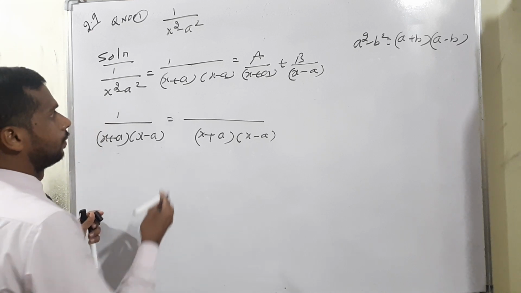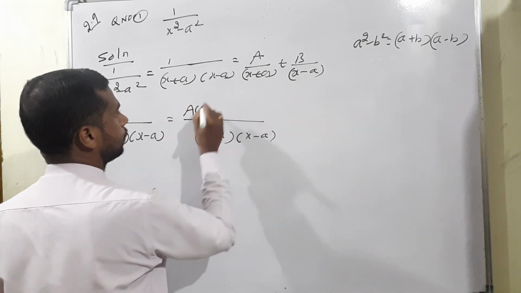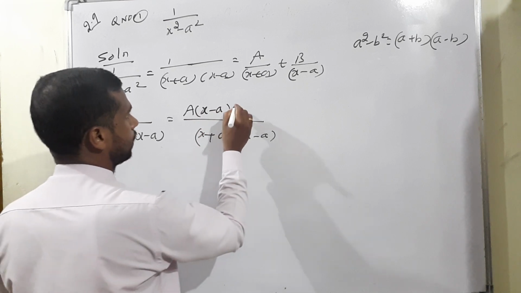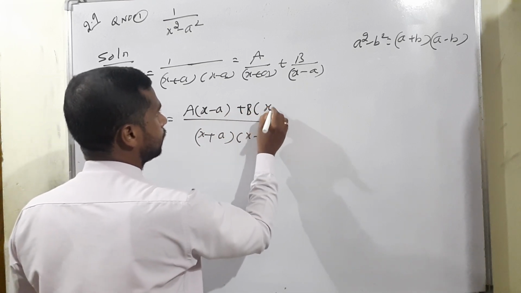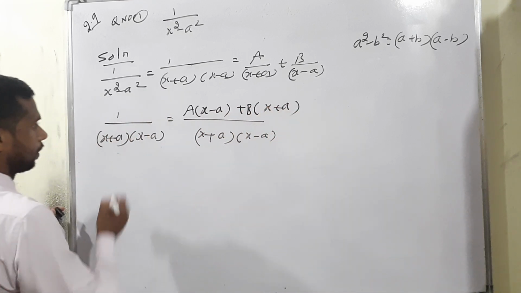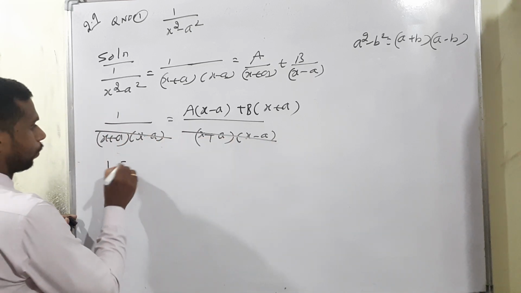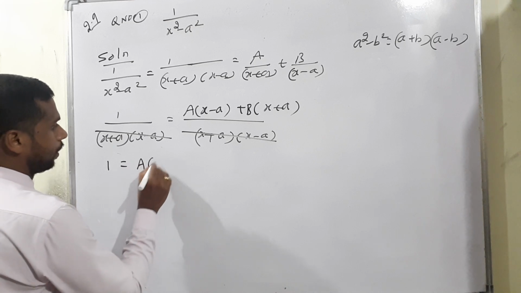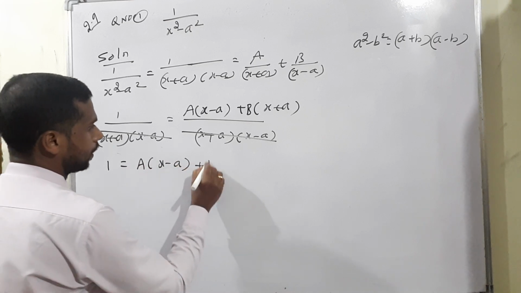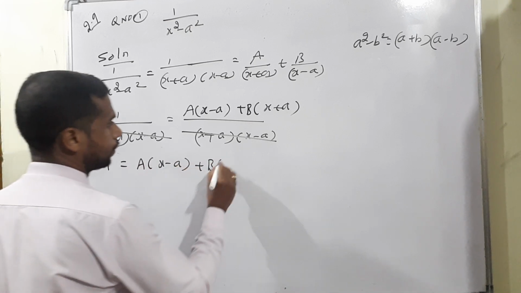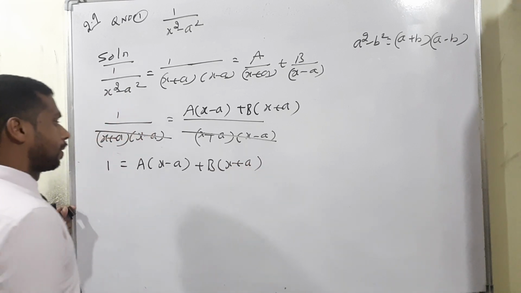What will happen? So A into x minus a plus B into x plus a. So the common denominator will be cancelled. Therefore 1 is equal to A into x minus a plus B into x plus a.